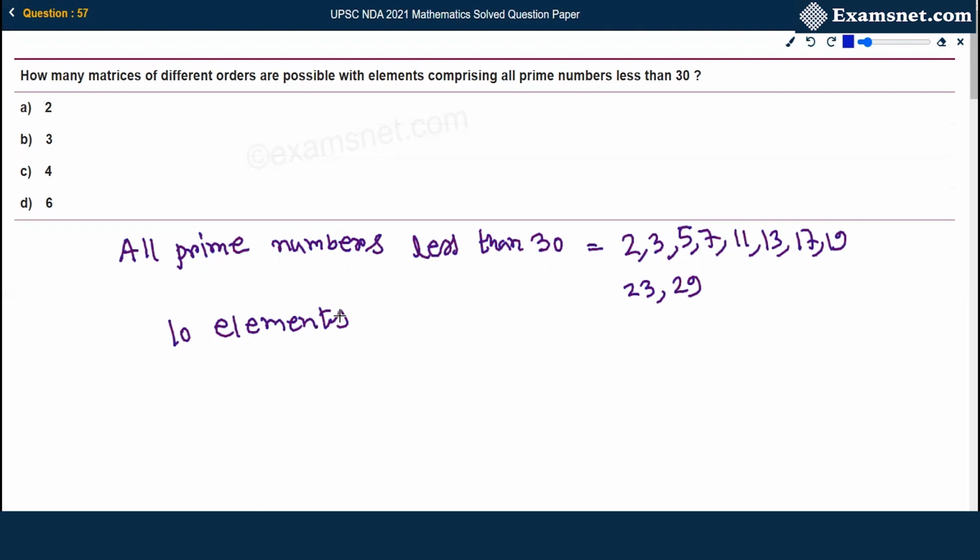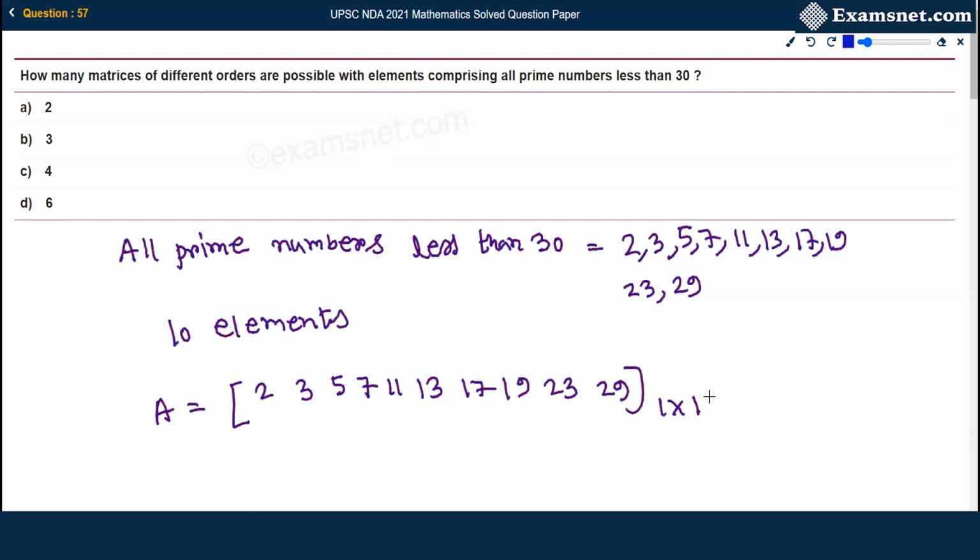That means we can write one row and 10 columns, right? 1 by 10 order: 2, 3, 5, 7, 11, 13, 17, 19, 23, 29. That's one row and 10 columns.